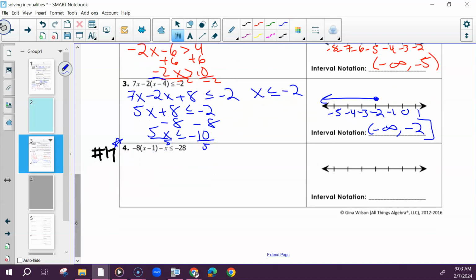Okay. After this one, I'll let you guys choose any you want to see done. So go ahead and distribute one more time. Negative 8x plus 8 minus x is less than or equal to negative 28. Combine my terms.